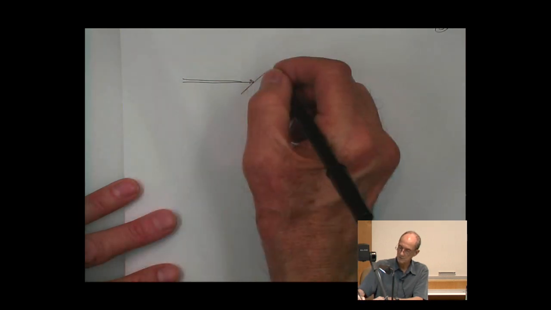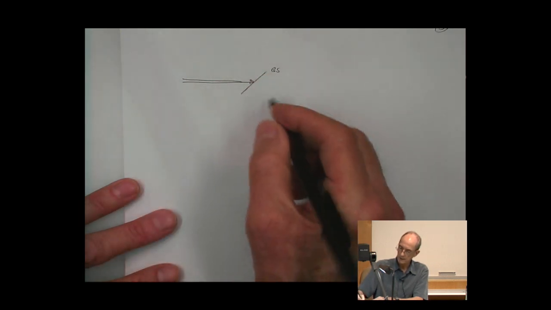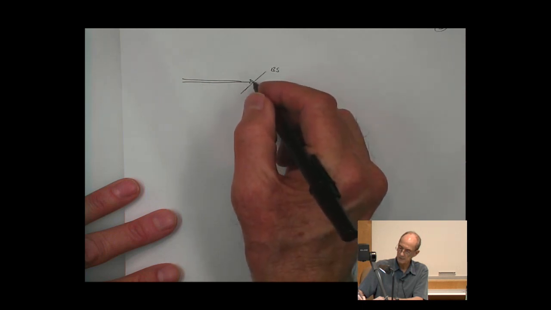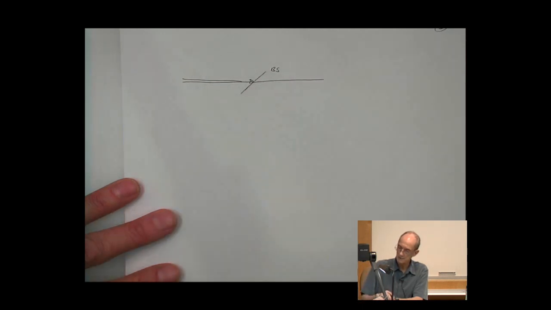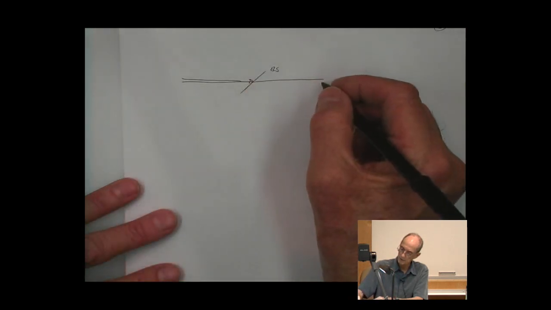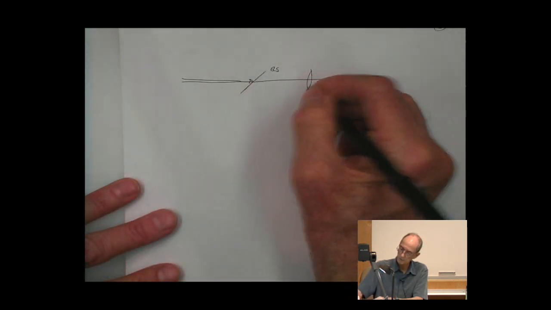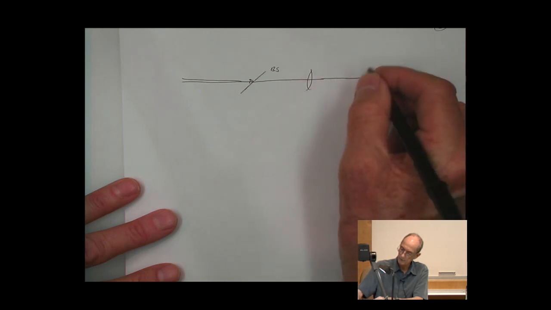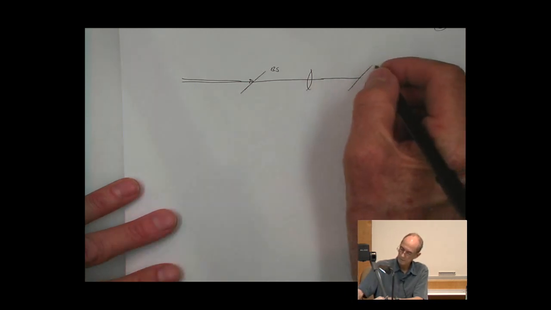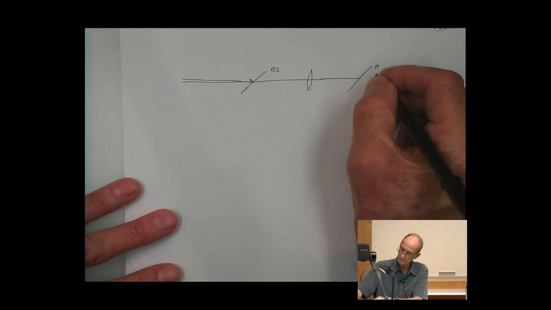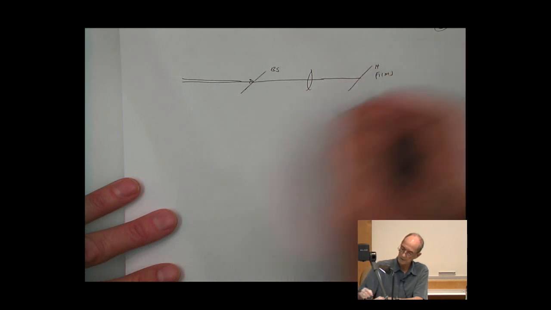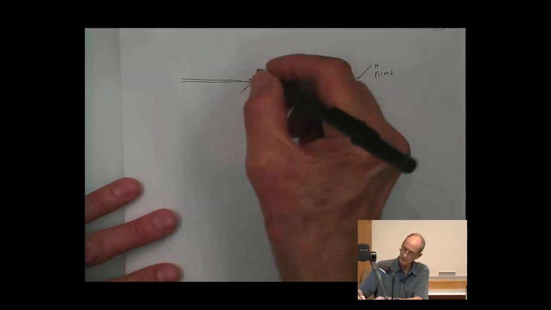If we put the beam splitter here, this allows the beam to pass here, and if we wanted to put a lens in this, we could do that and have our hologram here, the film plane, like so. And now we want to bring the reference beam in.